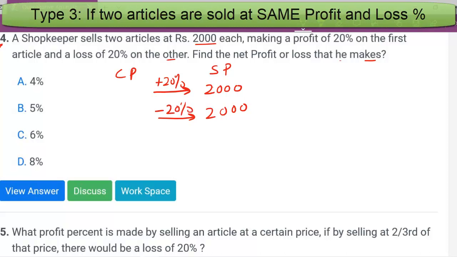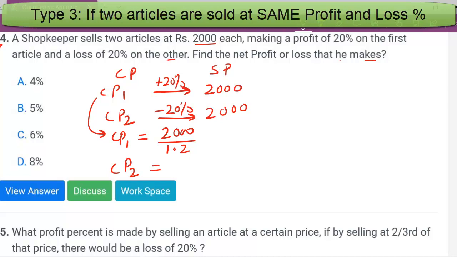So basically there are two cost prices, CP1 and CP2. If you want to calculate CP1, it can be directly calculated as 2000 divided by 1.2, and the cost price of the second one will be 2000 divided by 0.8.